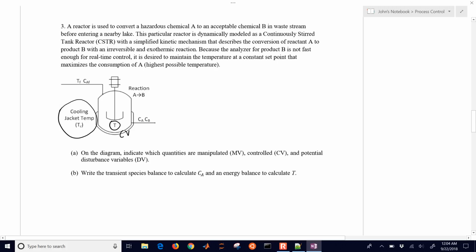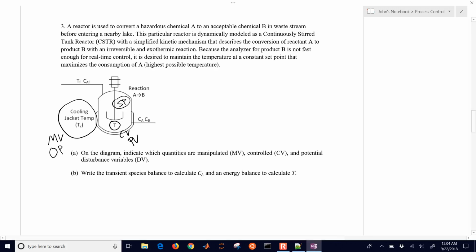The cooling jacket temperature is going to be our manipulated variable, a thing that we can adjust. That's also going to be called the controller output, or just the output. This one is sometimes referred to as a PV, and that one sometimes as an OP. And then we'd also have a set point associated with this one as well.